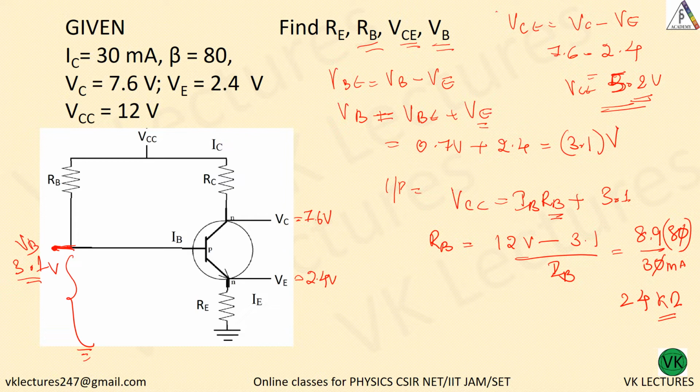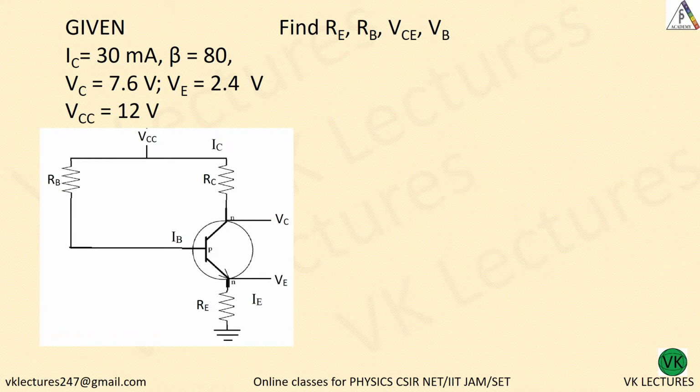Now what we want is RC now. So now to the output. RC is equal to this voltage drop divided by the current through RC.